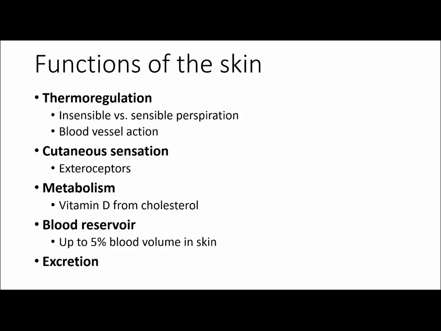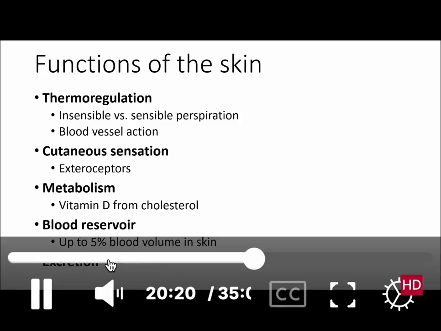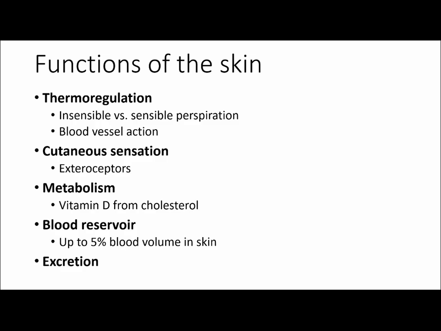Most of the ammonia, urea, and uric acid in our body, though, is going to be excreted in urine. But some of it is excreted through our sweat. We also have your skin playing a huge role in water and sodium chloride loss when profusely sweating.